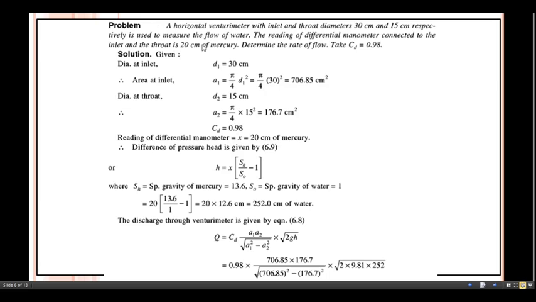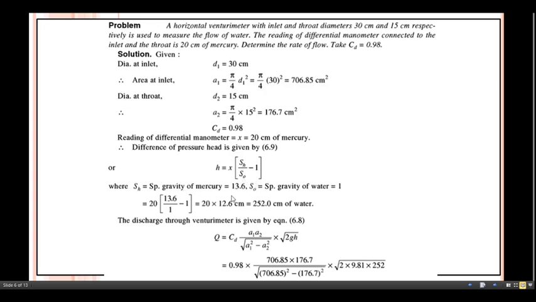This information is already given. So here the difference of the pressure head is given by, since the reading of the differential manometer connected to the inlet and the throat is 20 centimeter of mercury, this becomes actually a heavier fluid. That's why you have to write this relation: H equals x into Sh divided by S naught.